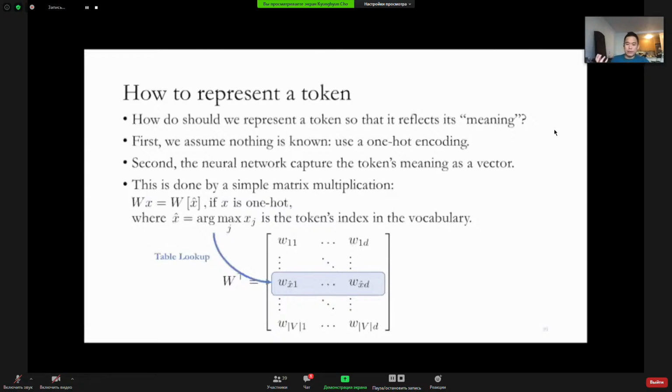And this can be implemented as a simple matrix multiplication by having a weight matrix that is multiplied from the right or the left, depending on how you decided to implement it, by the one-hot vector of the corresponding word. Now, it turns out that multiplying a large matrix with a one-hot vector is identical to simply indexing out a row or column.